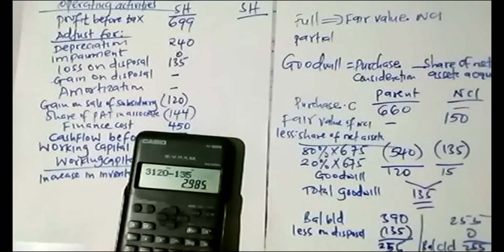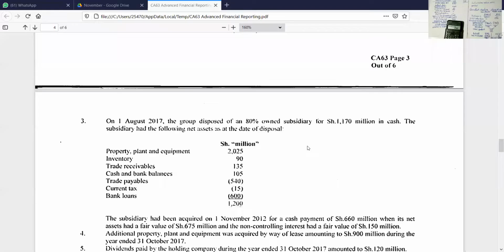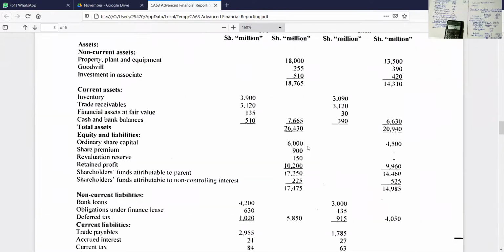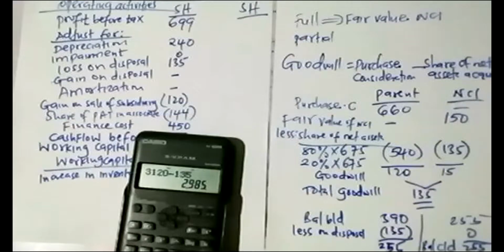Then I compare with the balance at the end. So the balance at the end, this is the 3120, the receivable for 2017. So you can see it increased from the 2985 to 3120.